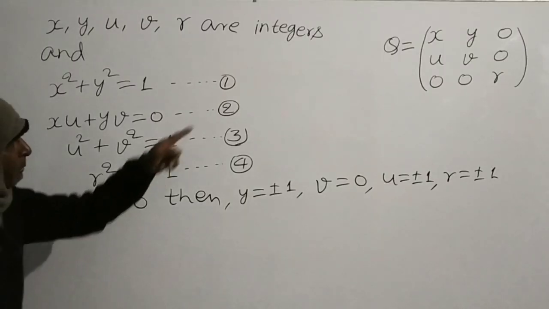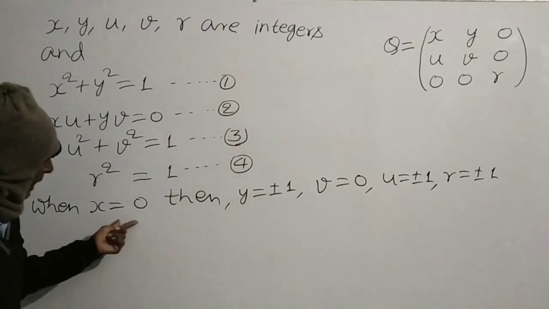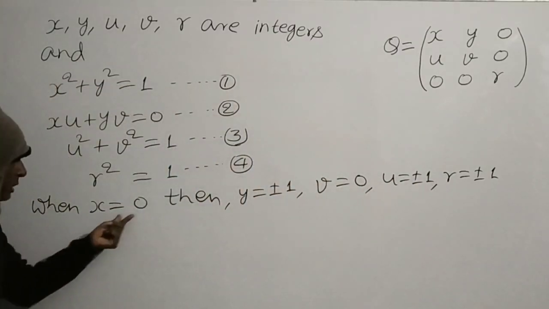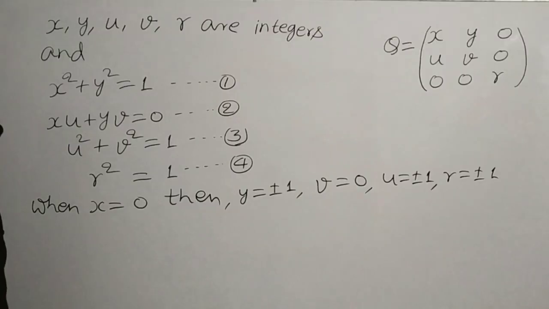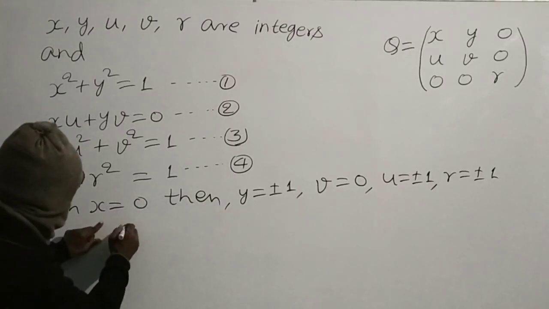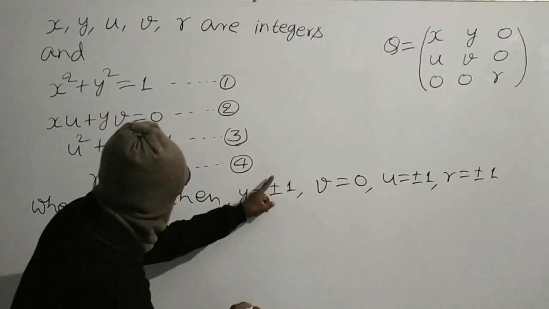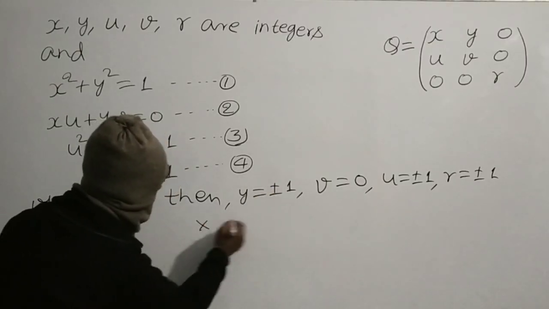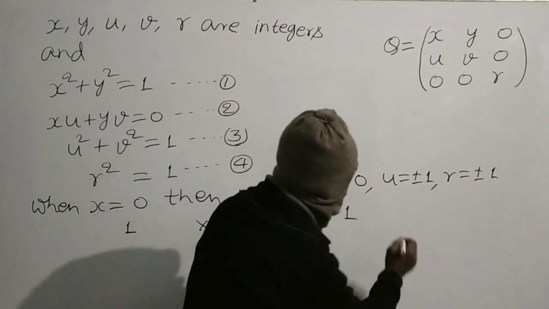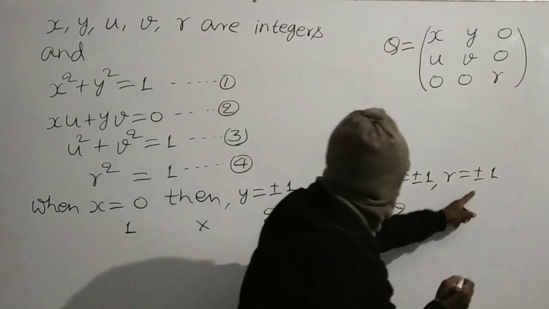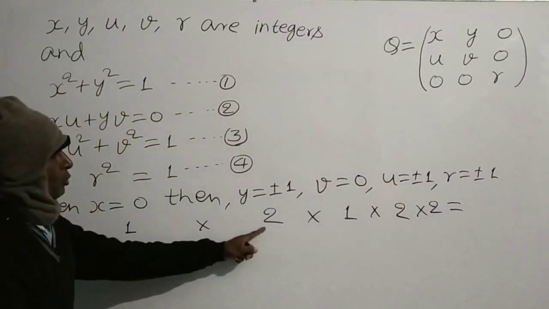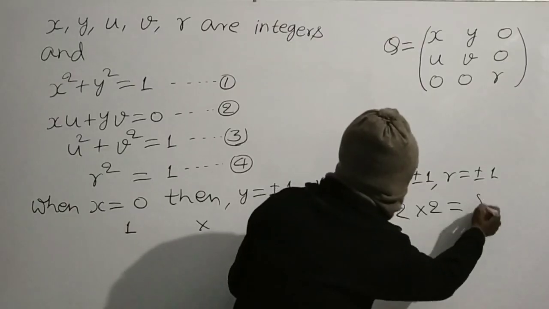Now, all the 5 places have been fulfilled when we put 0 in place of x. Number of ways is 1 way, plus 1 and minus 1, 2 ways, 1 way, 2 ways, 2 ways, total 2 times 2 times 2, 8.